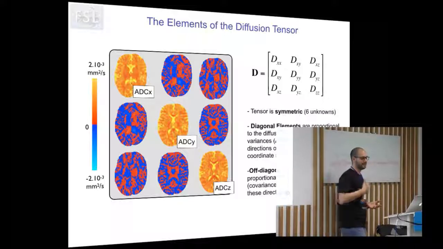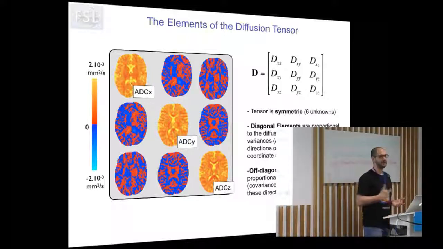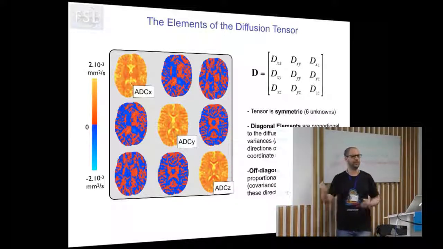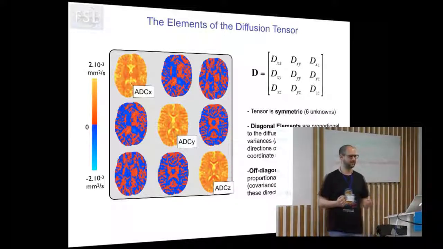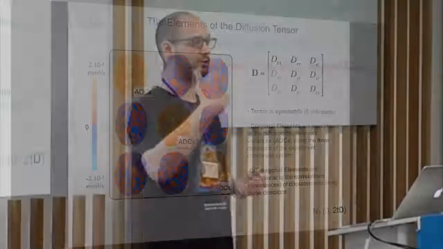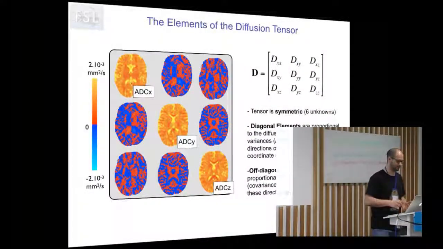Now, what that effectively means is that the off-diagonal elements represent the correlation, the covariance of diffusion sampling along different axes. So what happens if I originally sample for diffusion along the x-axis, but then I listen from a direction perpendicular to it, right? Will I still see some changes, or will I not? Right? And of course you can represent those scalars in two-dimensional maps, like we did for all the microstructural parameters before.